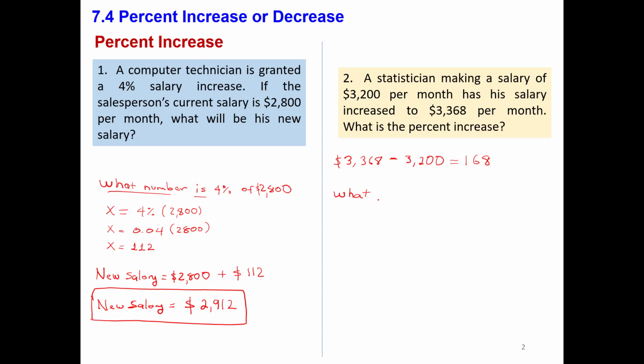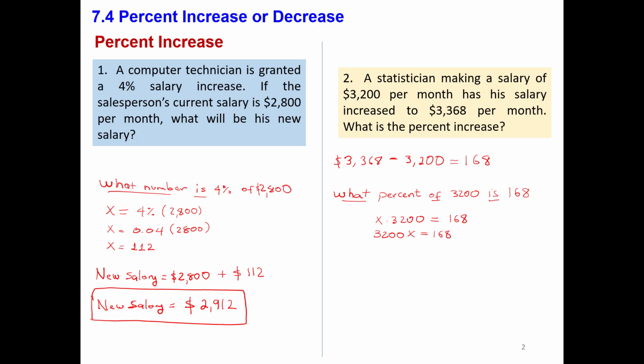What percent of 3,200 is 168? Remember, of means multiplication.